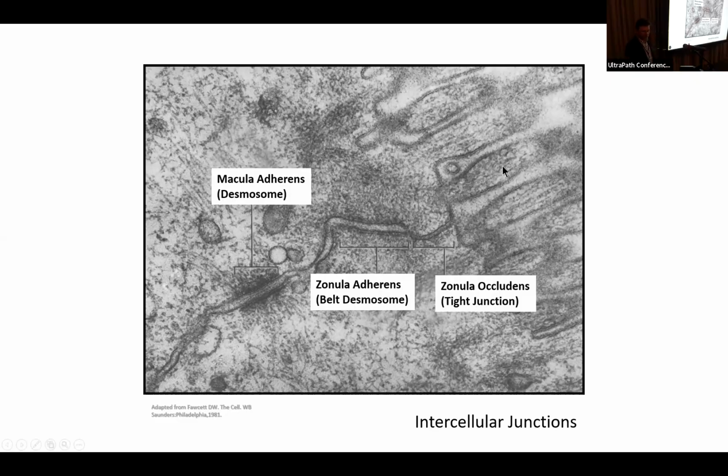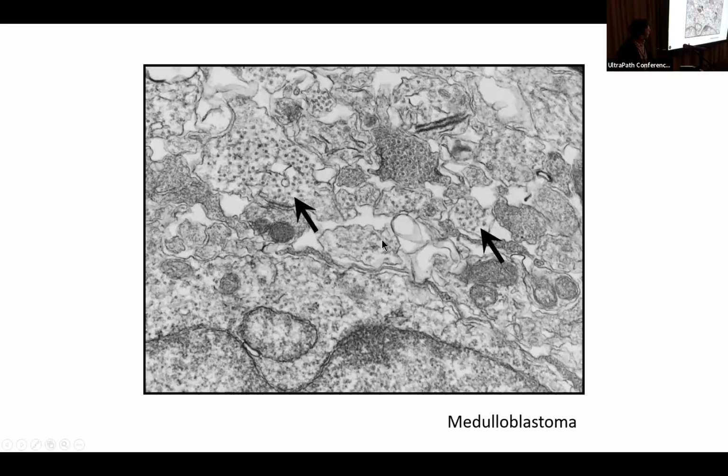We have microvilli over here, and providing the watertight seal at that luminal surface are the so-called tight junctions, zonula occludens. You might have heard that term. And then below those, providing support for those weak watertight structures, are the belt desmosomes, the zonula adherens, in the middle.